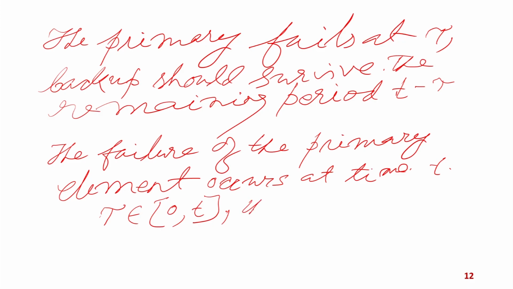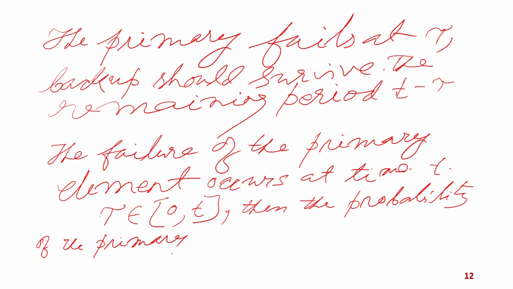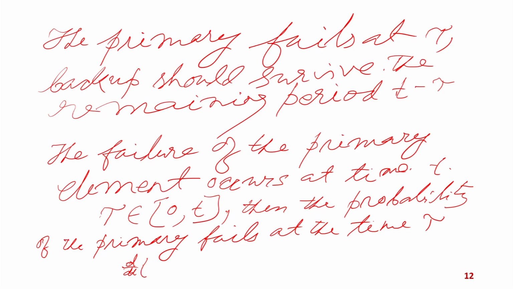Then the probability that the primary fails at time tau will be given by differentiating the probability function, e to the minus lambda t.